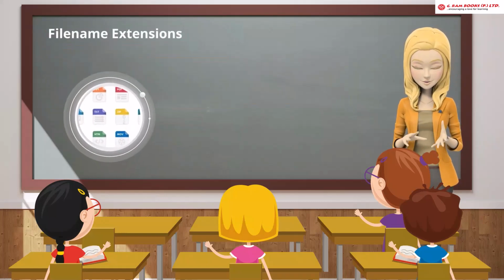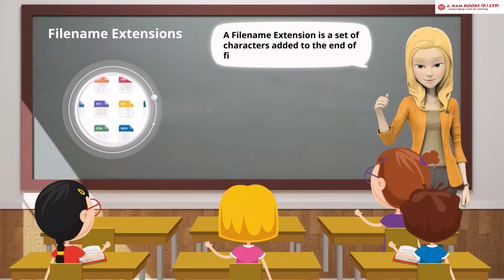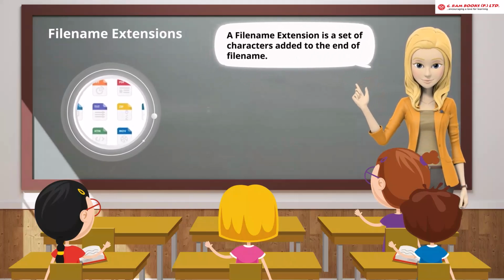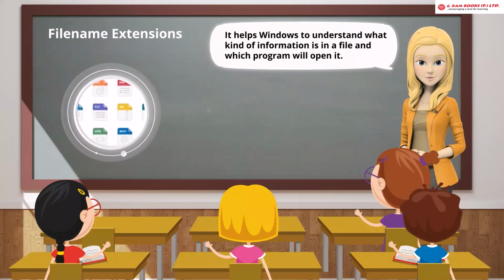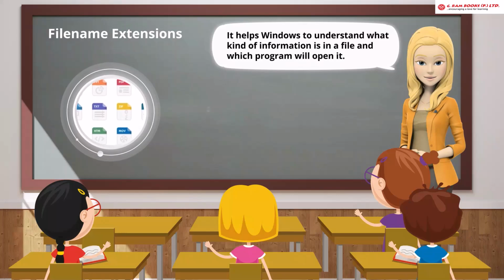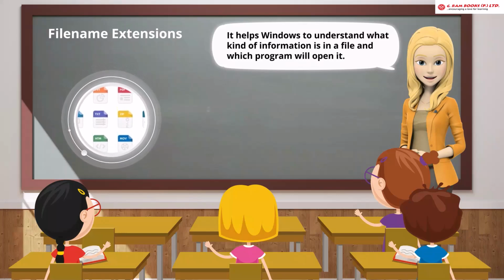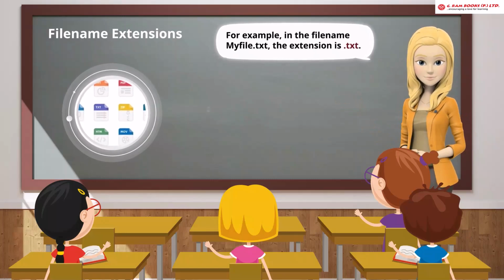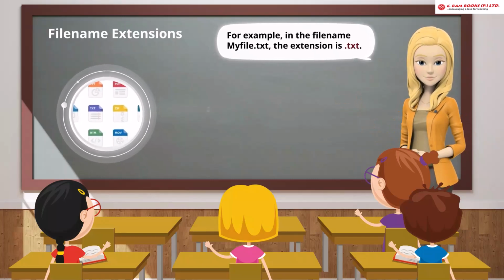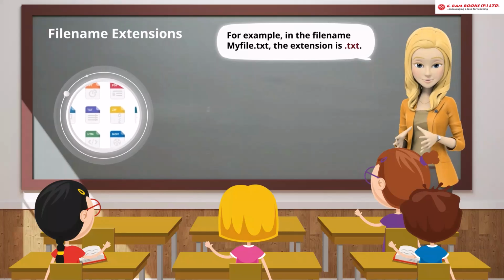File name extensions. A file name extension is a set of characters added to the end of a file name. It helps Windows to understand what kind of information is in a file and which program will open it. For example, in the file name myfile.txt, the extension is .txt.